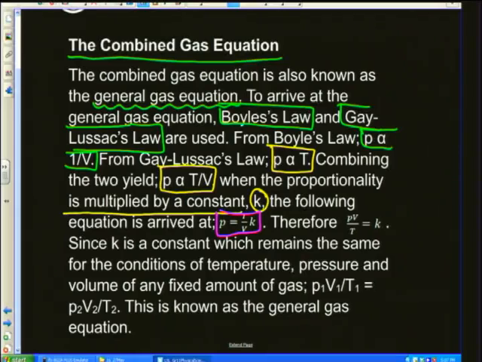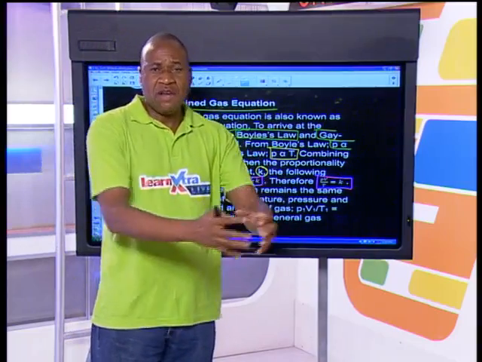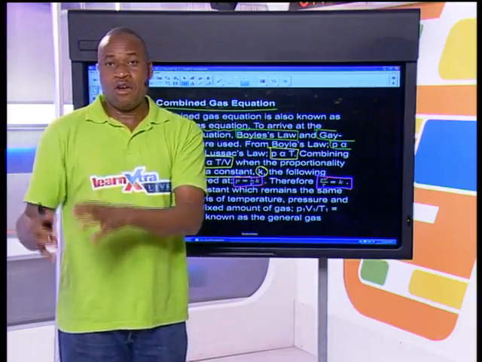Therefore, if P is equal to T over V times K, then PV over T will be equal to K, which is the constant. So now if PV over T is equal to K, what would this mean if we look at different conditions of a gas? The same amount of gas, we place it in one set of conditions of temperature, pressure, and volume. We remove it, we place it in another set of conditions.